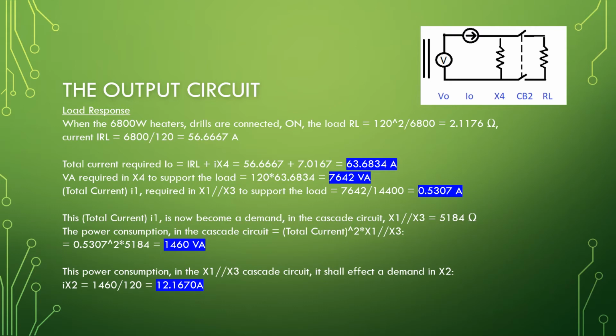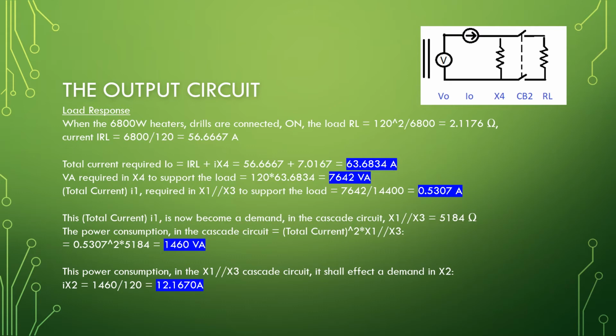VA required in X4 to support the load equal to 120 times 63.6834 equal to 7,642 VA.